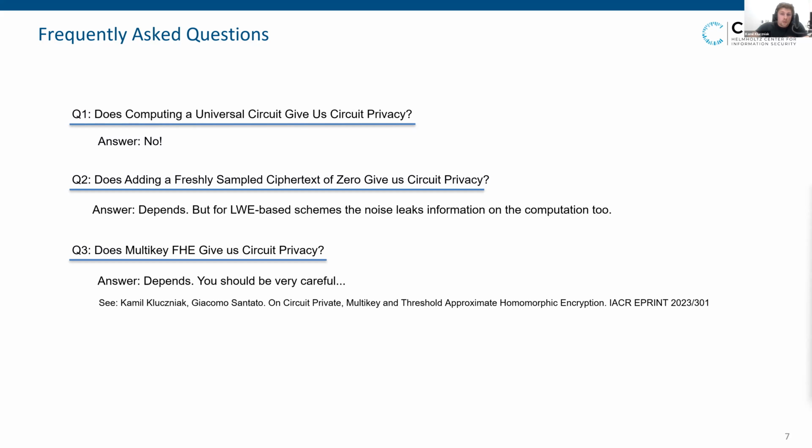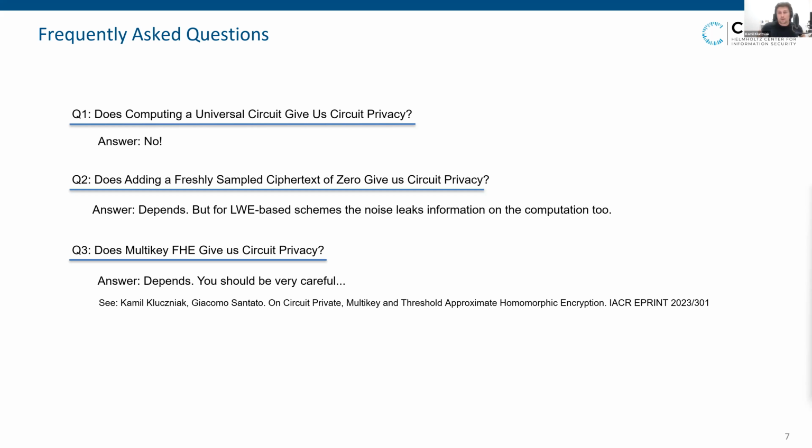Question number three: does multi-key FHE give us circuit privacy? Here the idea is that we encrypt the circuit, compute on the encrypted circuit and return a partial decryption. Because the circuit is encrypted, there is a belief that this should give us circuit privacy.